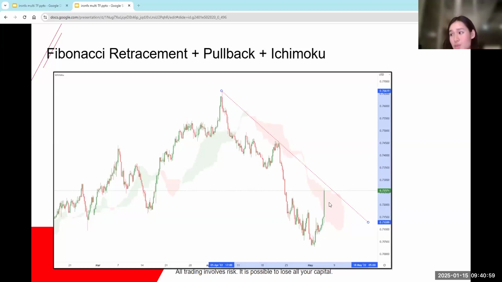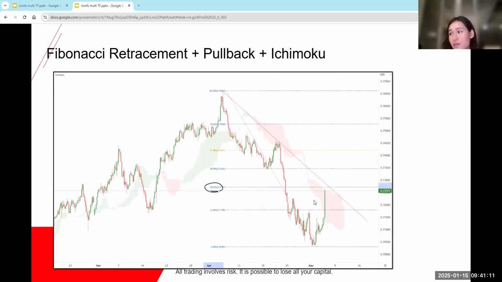Here we see prices moving within the cloud, which suggests a transitionary stage or period. We also have price moving in this descending trend line, and we also have a retracement. The 38.2 lines up closely to where price is currently at, and we're expecting price to reverse off the trend line and the 38.2 retracement line.